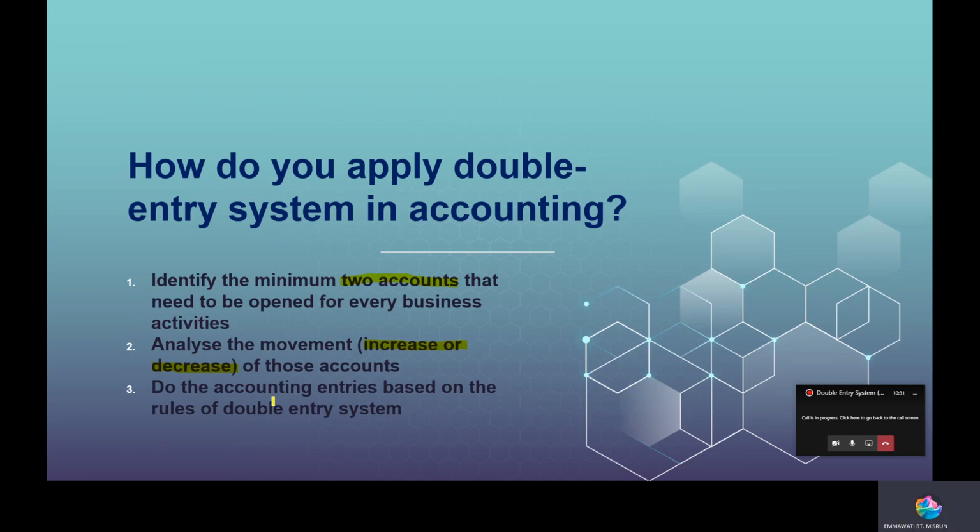Sama ada awak kena debitkan ataupun kreditkan, so you kena applykan dengan rules dalam double entry system. Okay, so these steps will be applied both in journal entries and ledger entries.